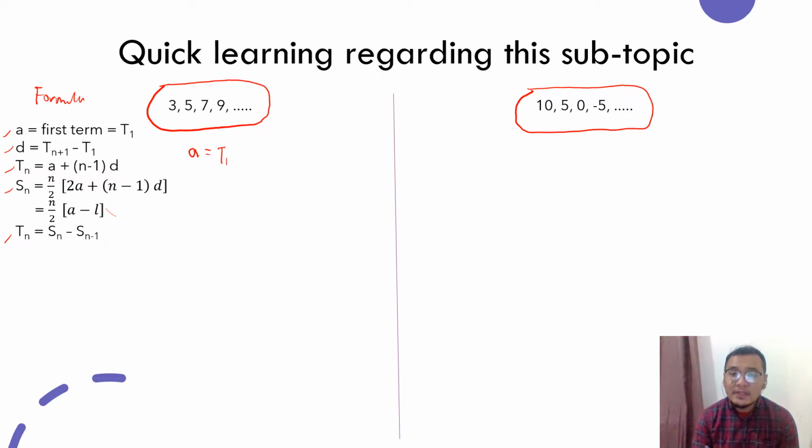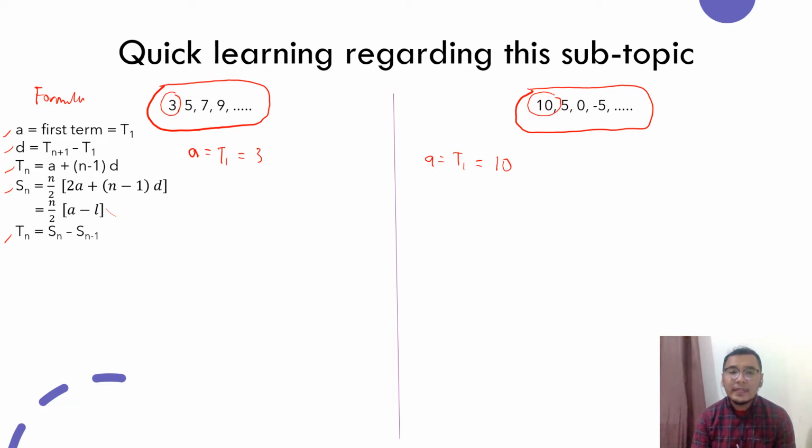Good, the first one is 3, so a equals 3. For the second sequence, what is the first number? 10. That's correct. So the first term is 10.